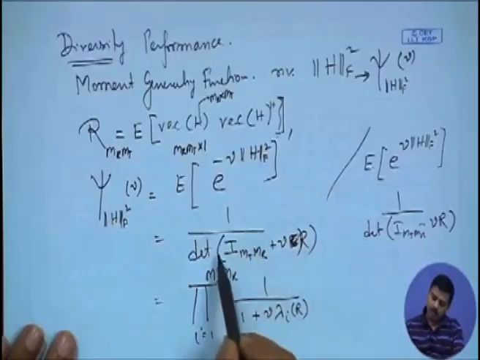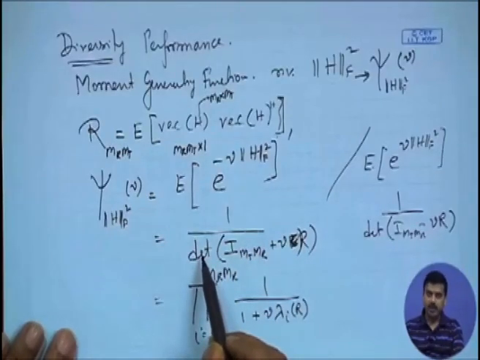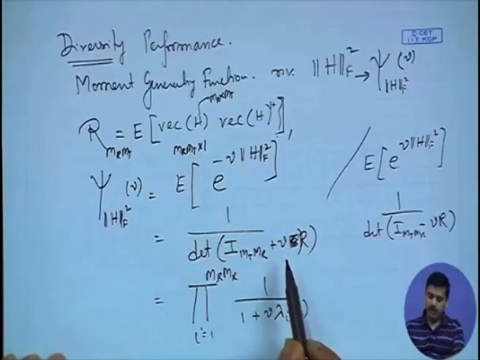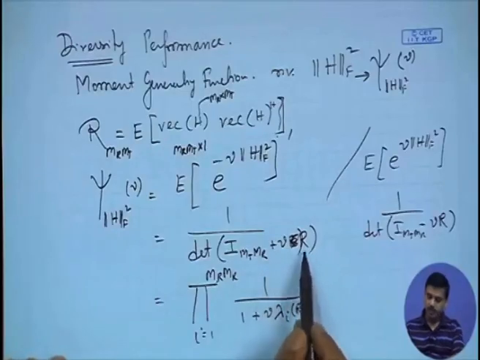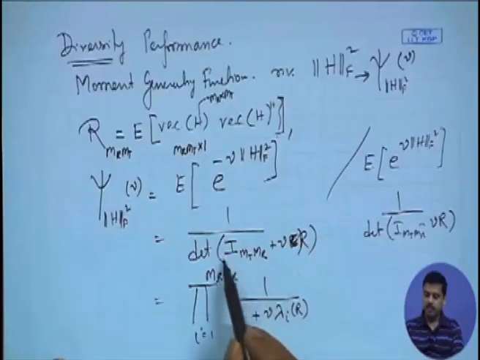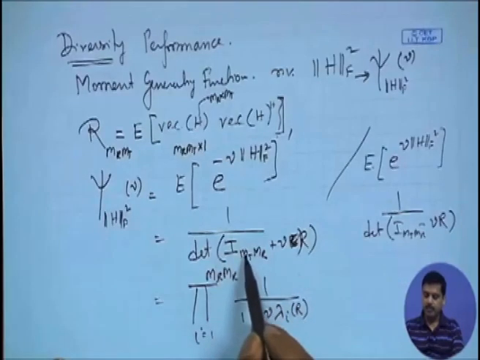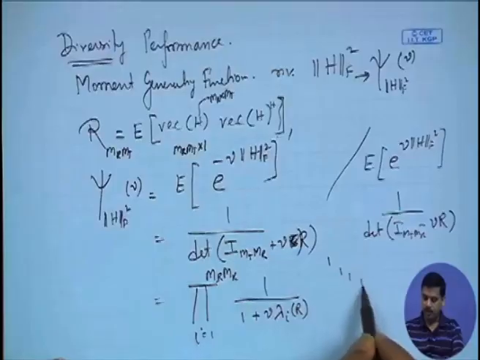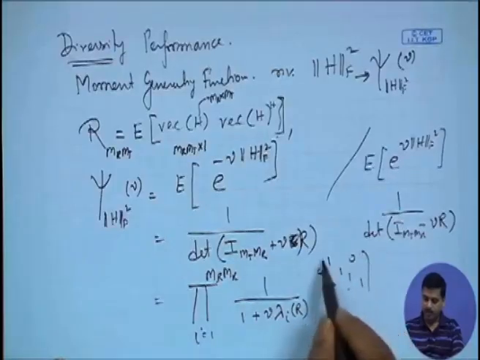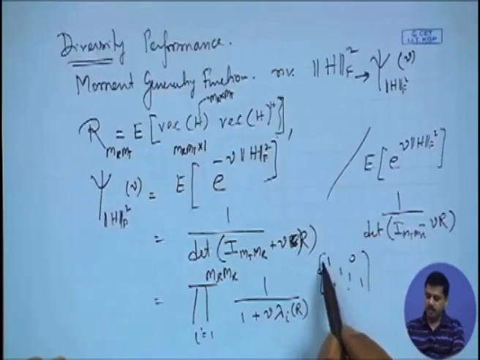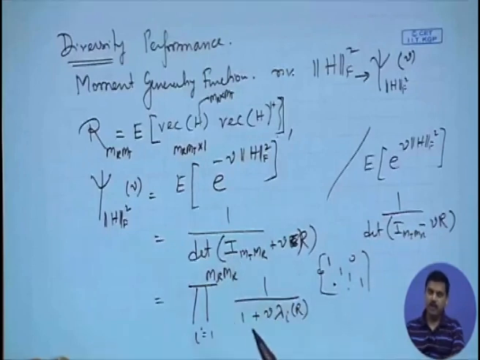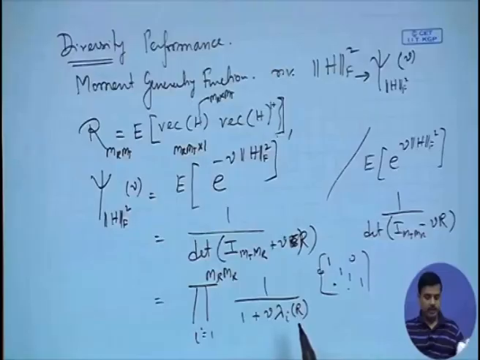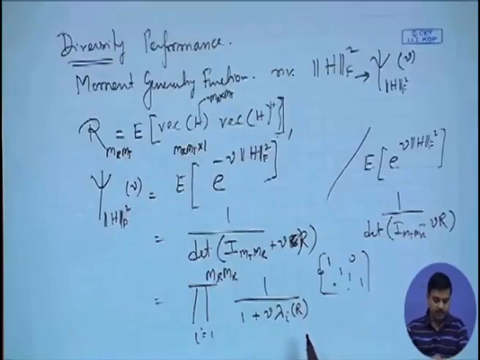So the determinant is the product of the eigenvalues, where lambda i's are the eigenvalues. This matrix is an I matrix, that means it is 1 1 1 1 and zeros elsewhere, right? So basically the diagonal entries get this 1 added to it. So the determinant can be formed in this fashion.